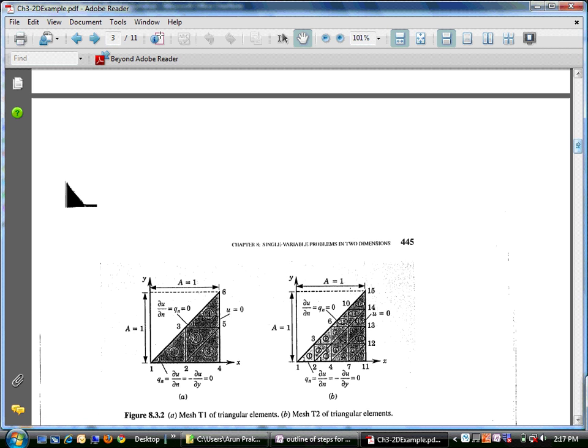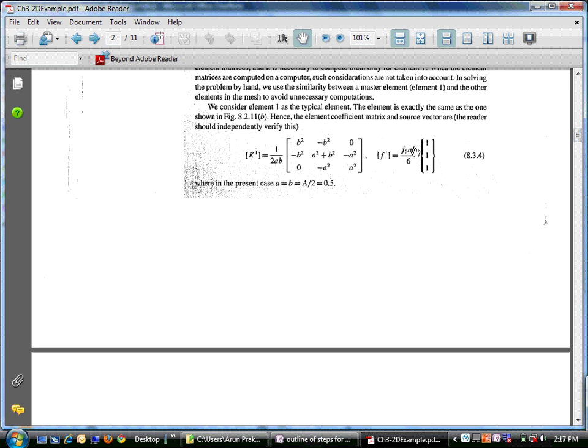So in this equation right here, A and B both are equal to 1. So the area of the triangle is half. If you take the area of the triangle and multiply it with F0, the constant heat applied to it, then we saw that the force vector was going to be F0 delta over 3 for each of the 3 nodes. That's exactly here.